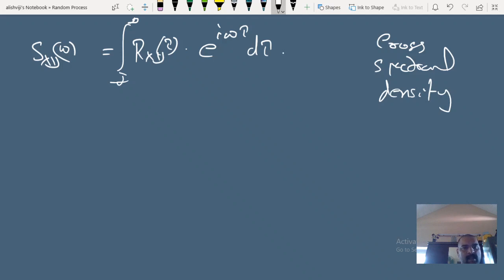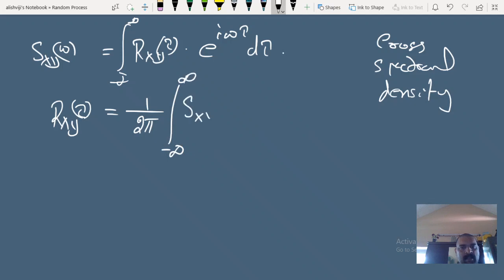And we can have the cross correlation function from the cross spectral density as the inverse Fourier transform, with e raised to i omega tau d omega.